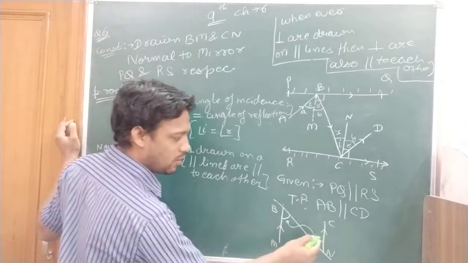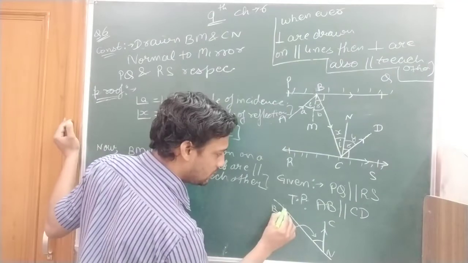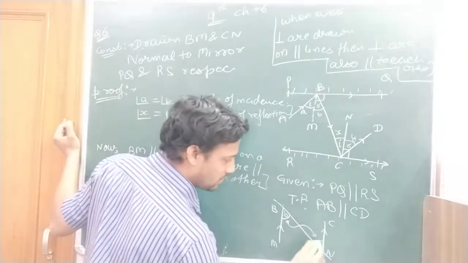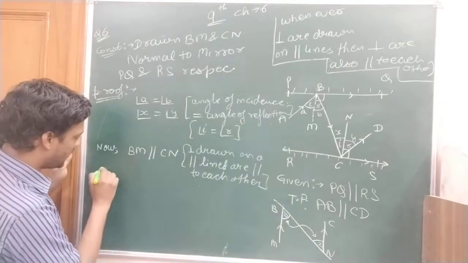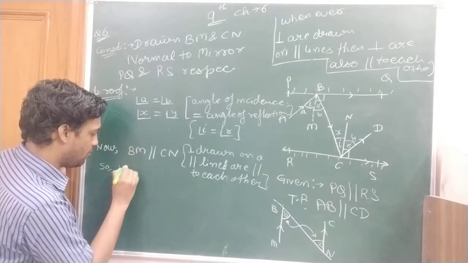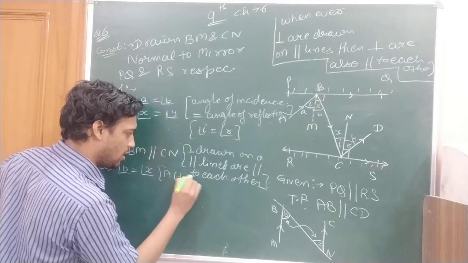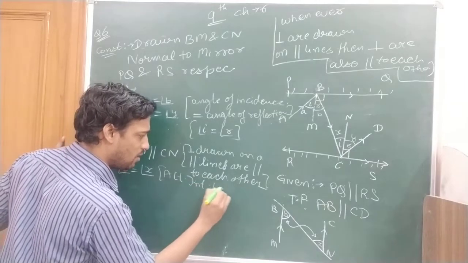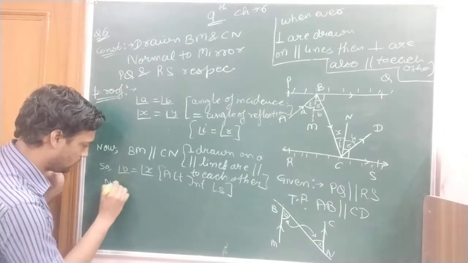It means both angles are equal to each other. Reason, alternate interior angle property. This angle is B. This angle is X. It means angle B equals angle X. Reason, alternate interior angle property.